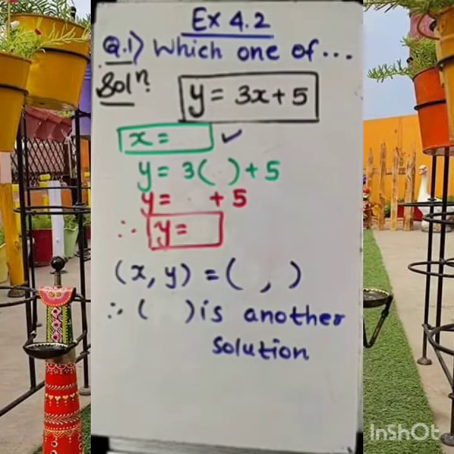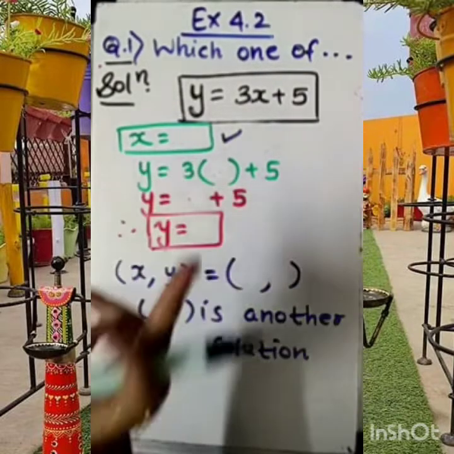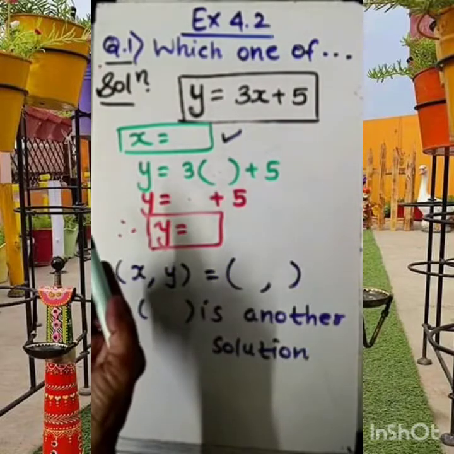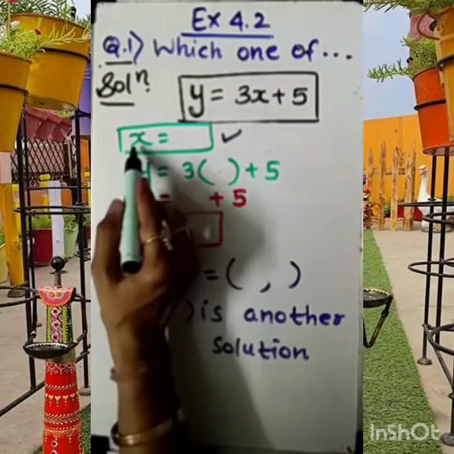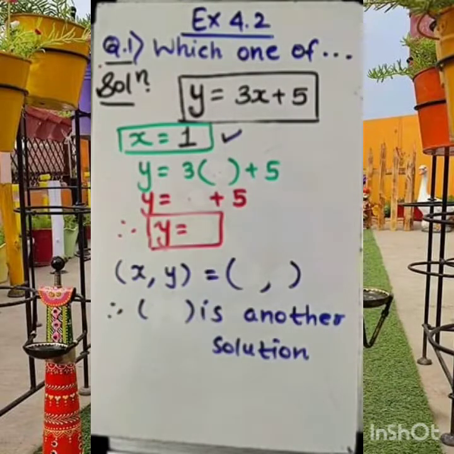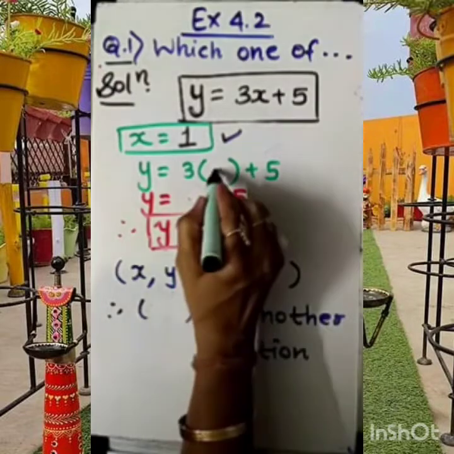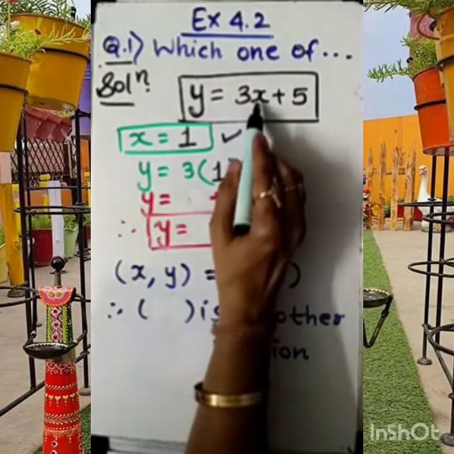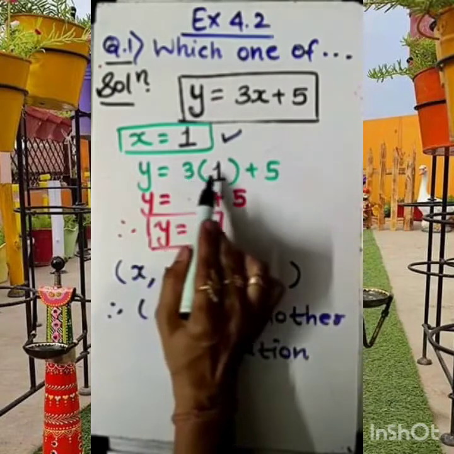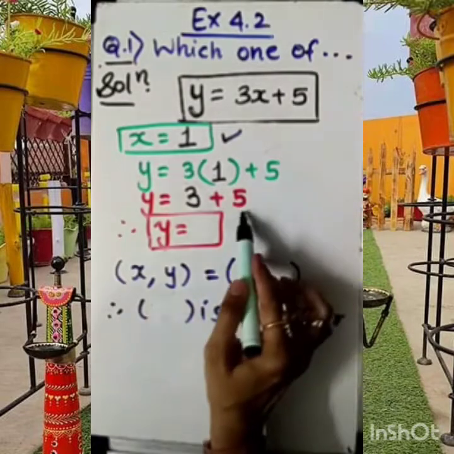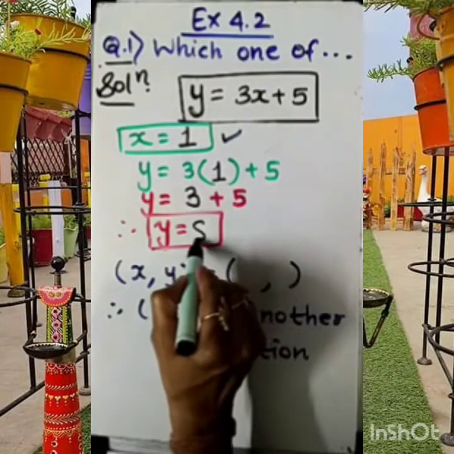So dear student, in the same question, as we took y equal to 0 in the beginning, then x equal to 0, now I would like to take x equal to 1 here. Suppose I am choosing 1. Then in place of x in this equation, I am writing 1. What is 3 into 1? 3 ones are 3, plus 5. 3 plus 5 is 8.